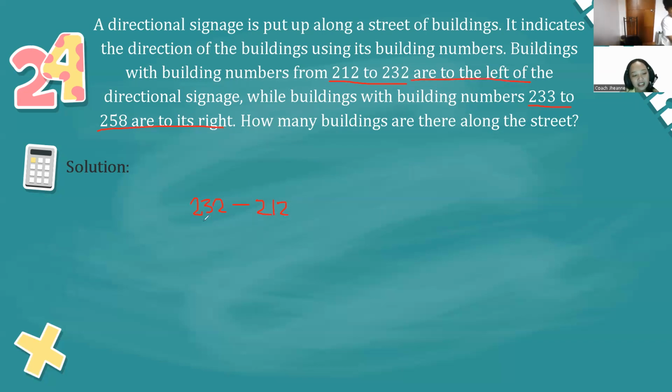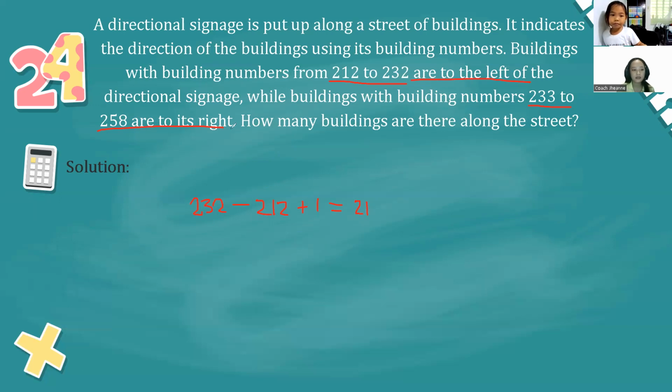The answer here would be 20, but that is wrong, because when we count, we have to include all of the buildings. When we count the number of buildings, we have to add 1. So the answer would be 21. So this is the buildings to the left.